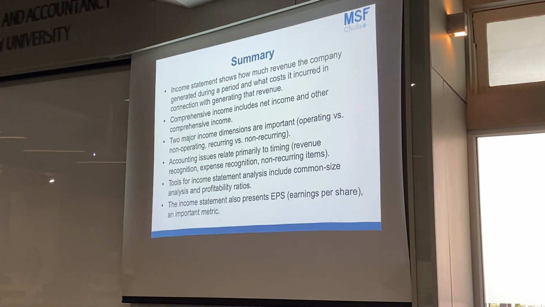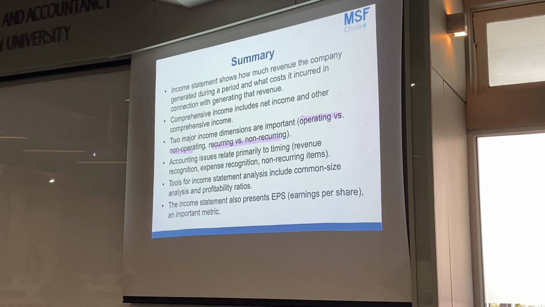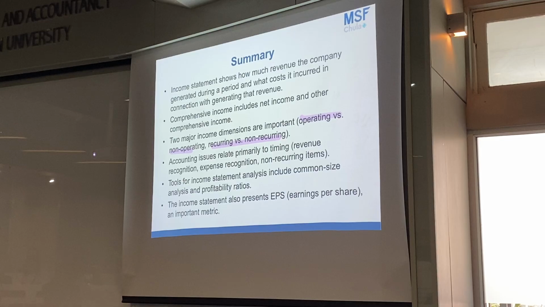So I think that's it for the content that we learned from last week. So we have income statement analysis, and then we talked about income dimensions, the operating, non-operating, recurring, and non-recurring. In your analysis of sustainable growth of the income, these dimensions are important.